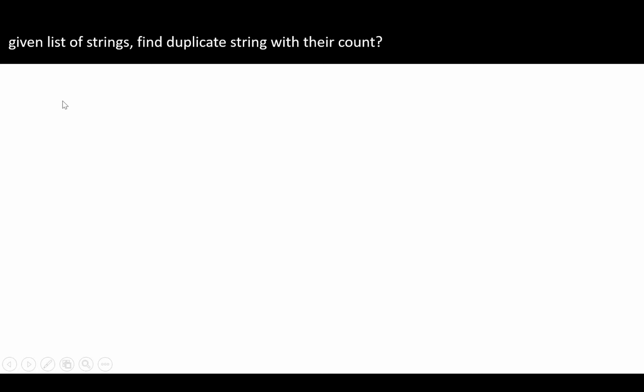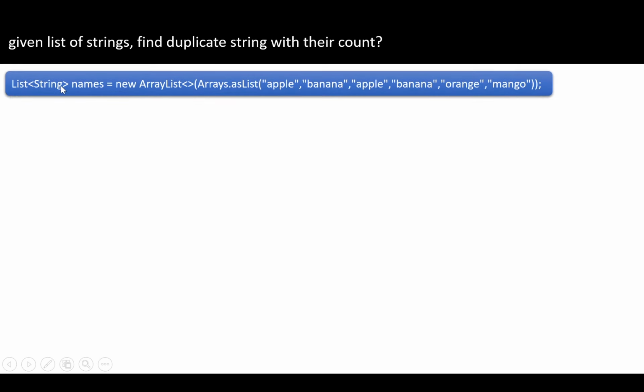And coming to the next problem, this is: given a list of strings, find the duplicate strings with their count. Here consider this input, a list of strings, names equals new ArrayList: apple, banana, orange, mango. Apple and banana are repeated 2 times, so we need to find that key and value.